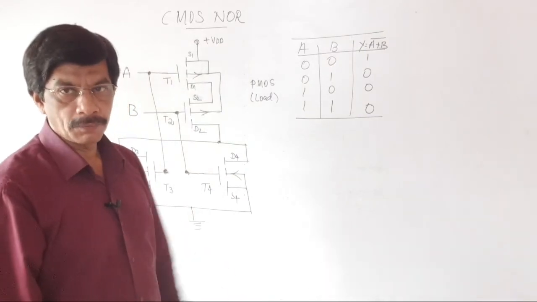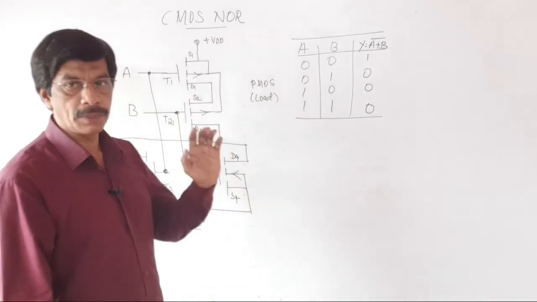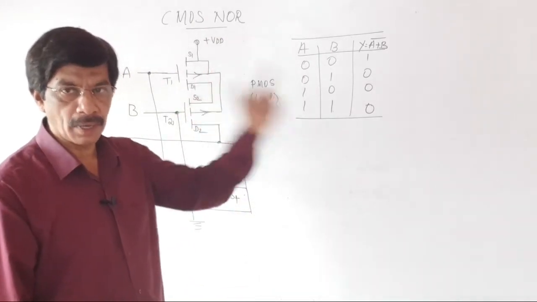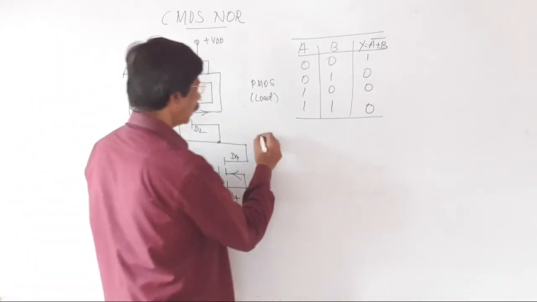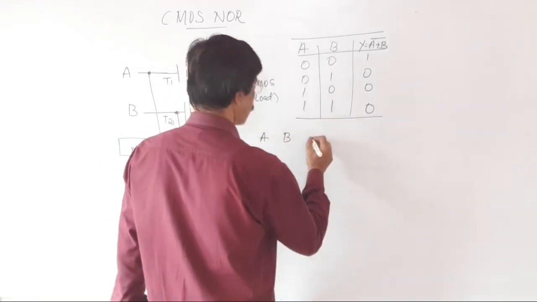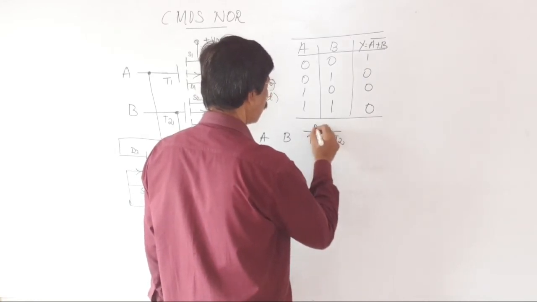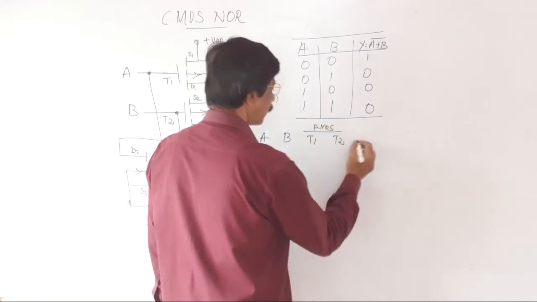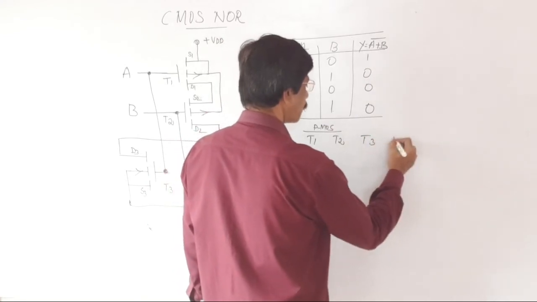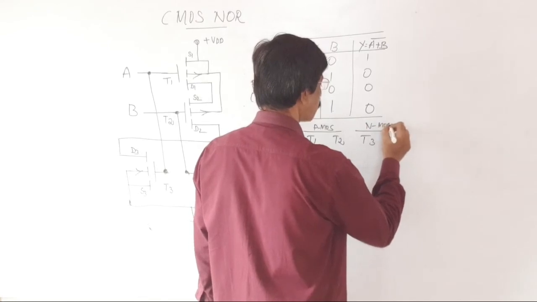Now let us see what is a working truth table for CMOS NOR, as we have seen in the case of CMOS NOR gate. Again A is the input, B is the another input, transistor T1, transistor T2, both PMOS transistors, transistor T3, transistor T4, both are NMOS transistors.